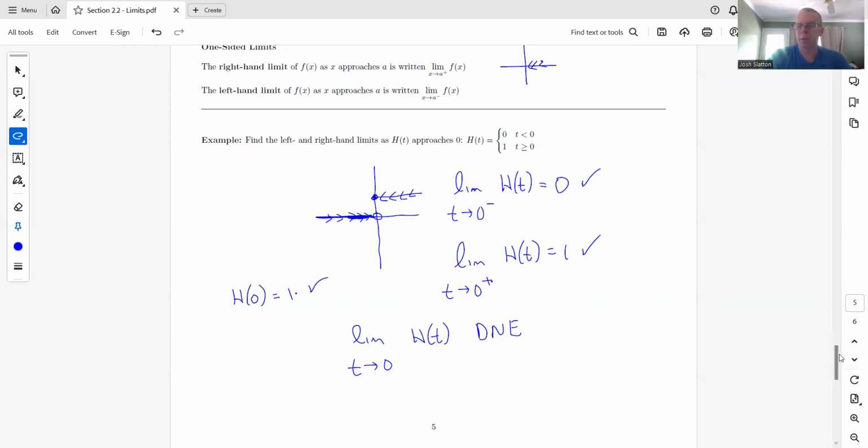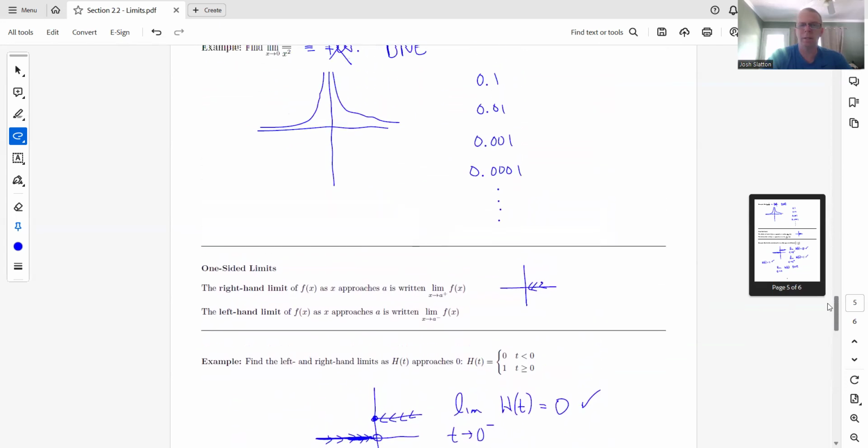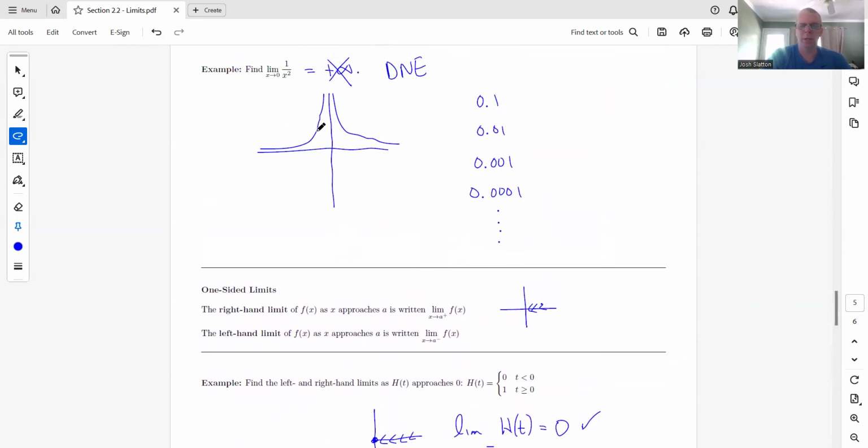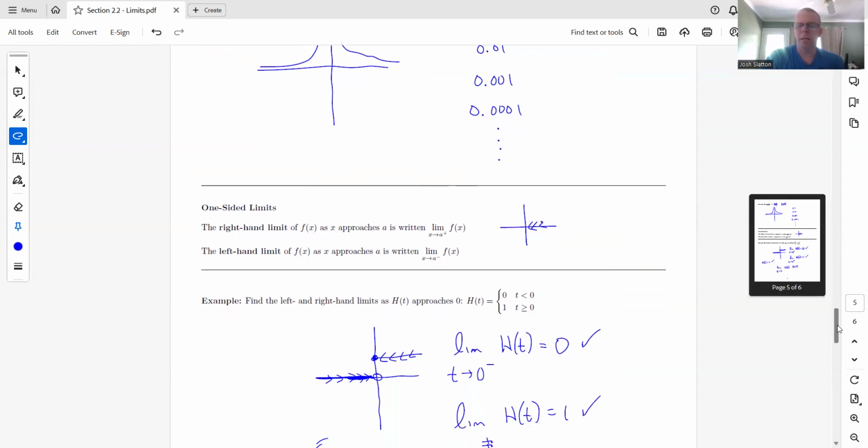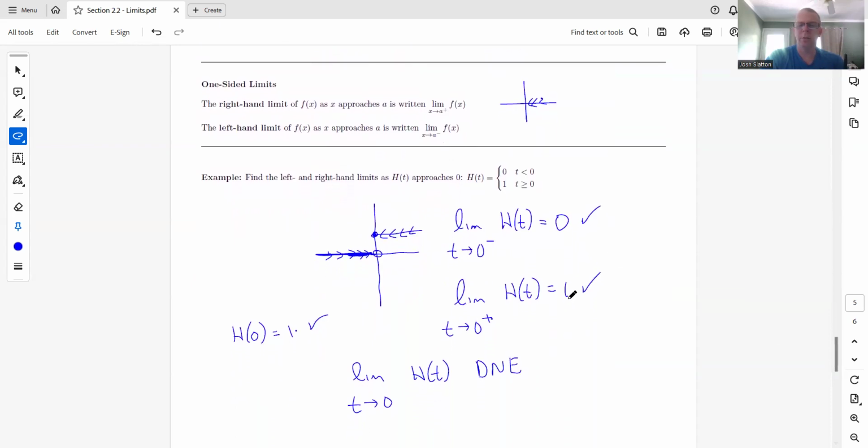And going back to the 1 over x squared, the left limit is approaching infinity, the right limit is approaching infinity. They're kind of doing the same thing, but again, infinity is not a number. Definitionally it's just saying that the function gets bigger and bigger as it approaches whatever x is approaching, in this case 0. So don't think of this as equaling infinity. In this case, the limit does not exist, and of course it's not continuous.